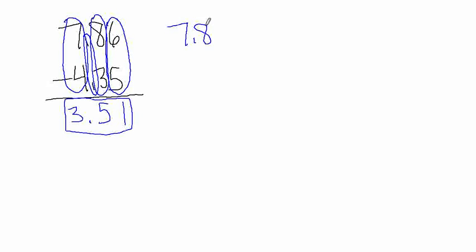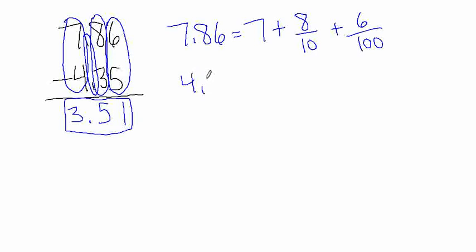So to see why it works, let's convert 7.86 into a sum involving an integer and fractions. So this is equal to 7 plus 8 over 10 plus 6 over 100. All right? And now let's find an equivalent expression for 4.35 as well. That's equal to 4 plus 3 over 10 plus 5 over 100.